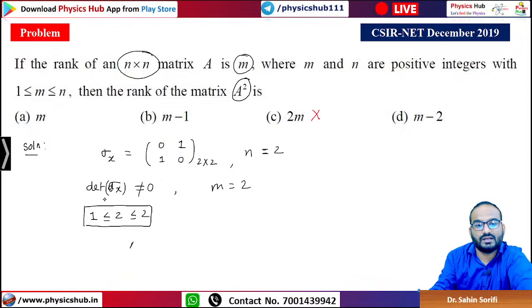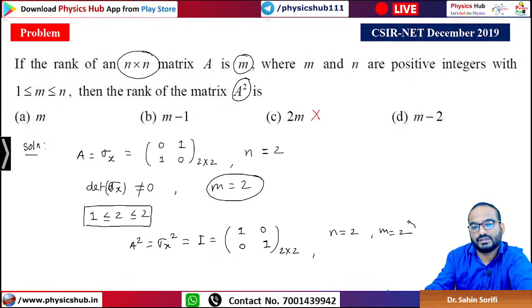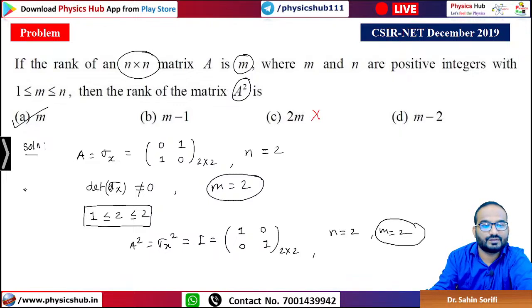Let's say A is sigma x, so A square is sigma x square, which will obviously be identity, 1 0 0 1. This is again a 2 by 2 matrix. Here the order is 2 and the rank is also 2. Previously the rank was 2, here also the rank is 2. So the rank of matrix A square is m.